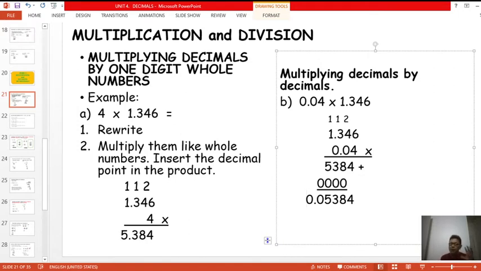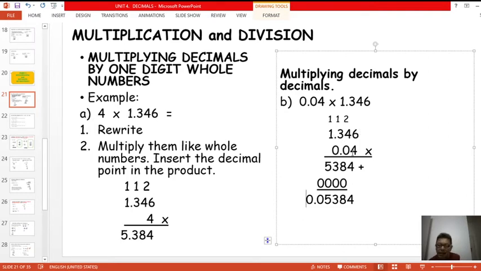Again, rewrite, then multiply them like whole numbers. Just imagine you take out all the decimal points, and when you finish and already have your product, you put back your decimal point and count how many decimal places. Since this problem has 5 decimal places all in all, you sum it up as I explained earlier. So you get 5.